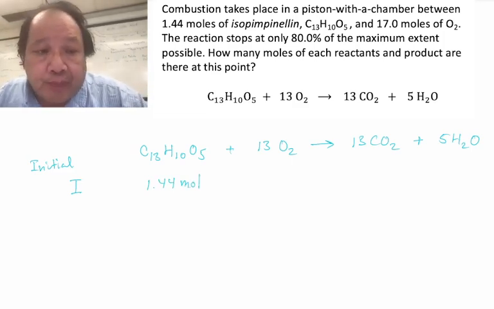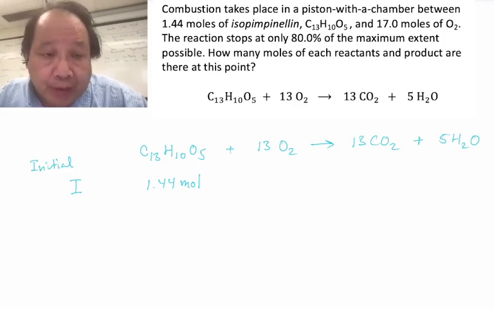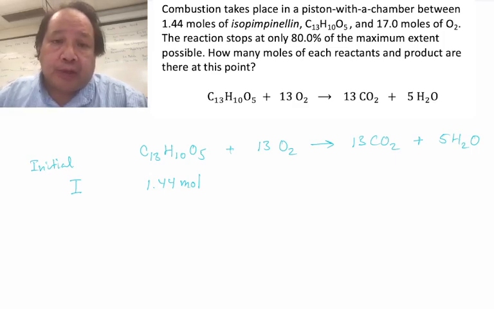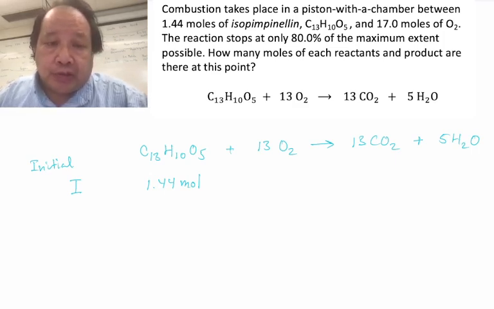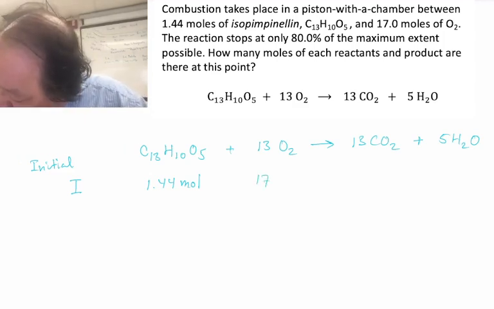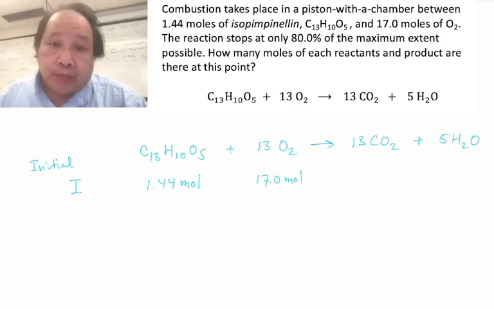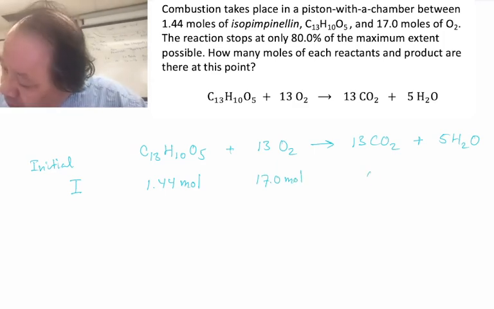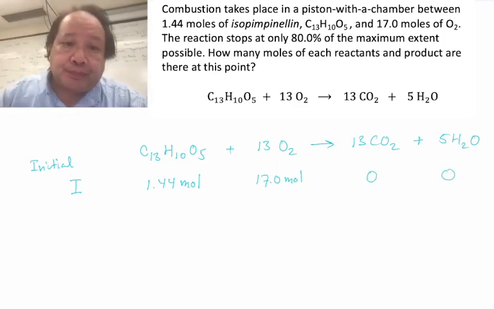It's very important in the ICE table that we put moles. We don't put gram amounts into the ICE table, only mole amounts. And in addition to the 1.44 moles, we have 17 moles of O2, so that goes under the O2. And we have none of the products to start, so we put 0 here.